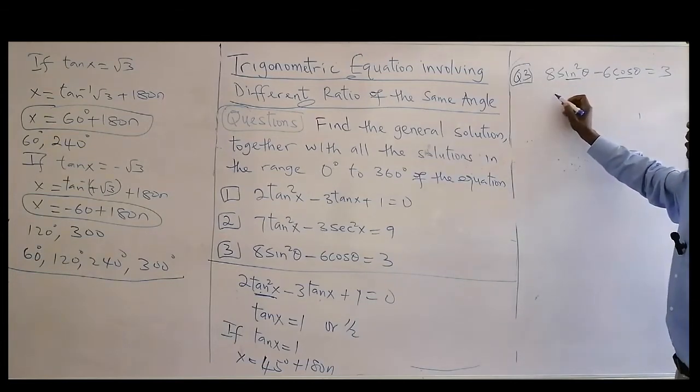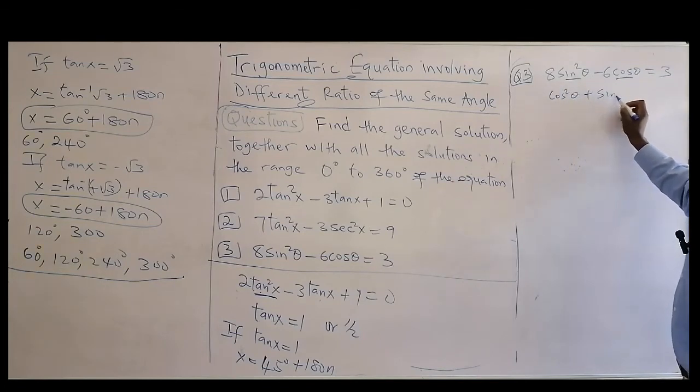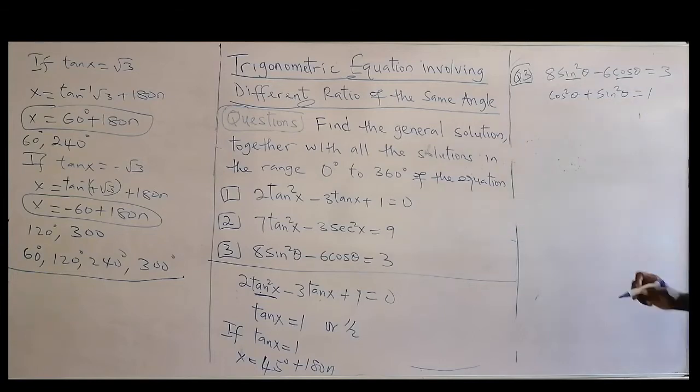For this identity, cos squared theta plus sine squared theta equal to 1. Okay, and then you always substitute for the one that has the higher power. This is square, this one has no square, so this is higher than this one. So you substitute for sine squared theta.